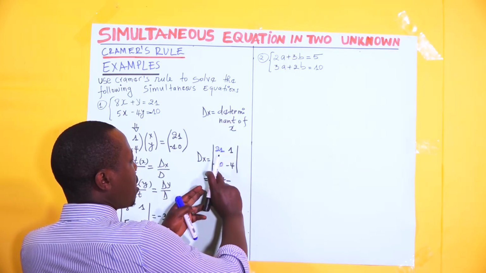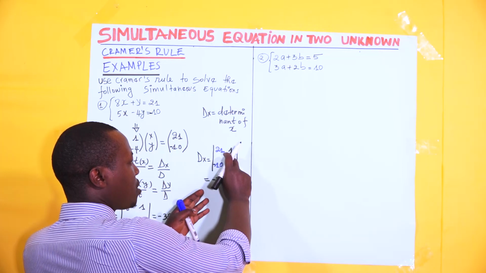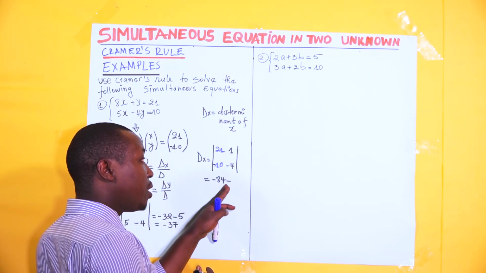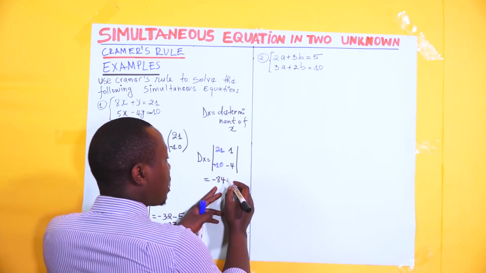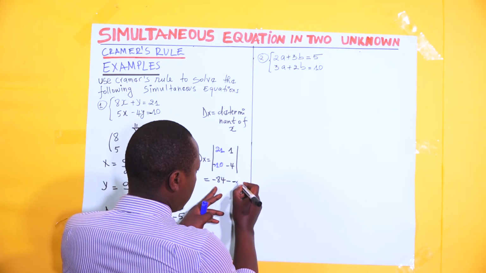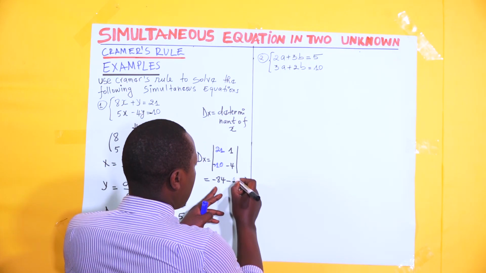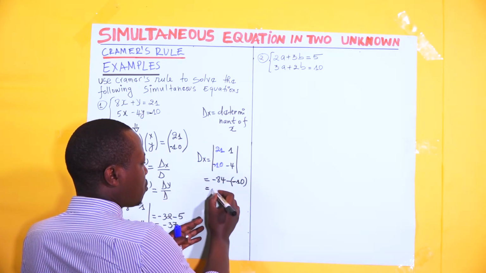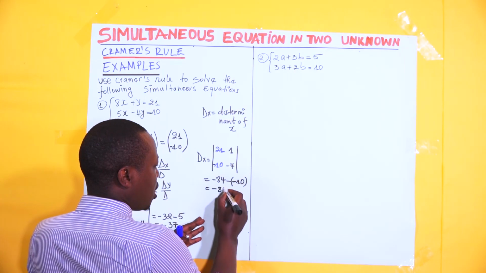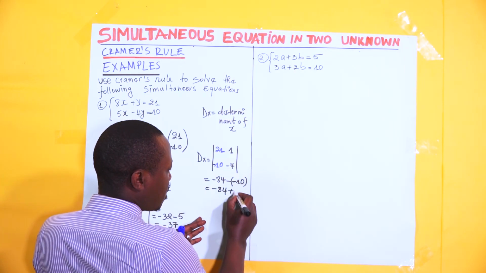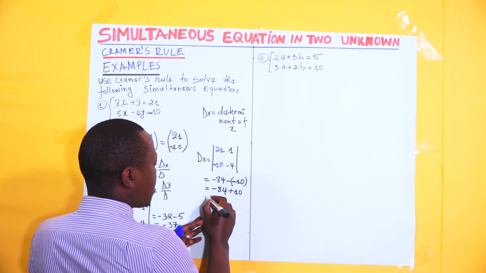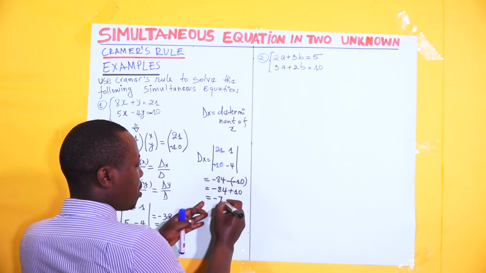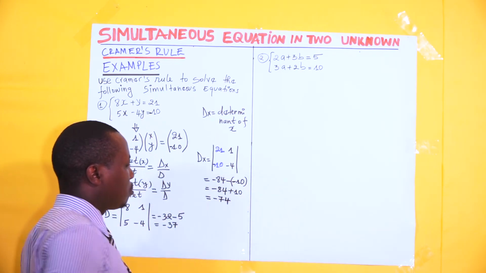Then when you multiply 10 by 1, it is 10, but in the formula there's a minus, so it is negative 10. Subtracting negative 10 will give us positive. So now it is negative 84 plus 10. So the answer is negative 74, right?